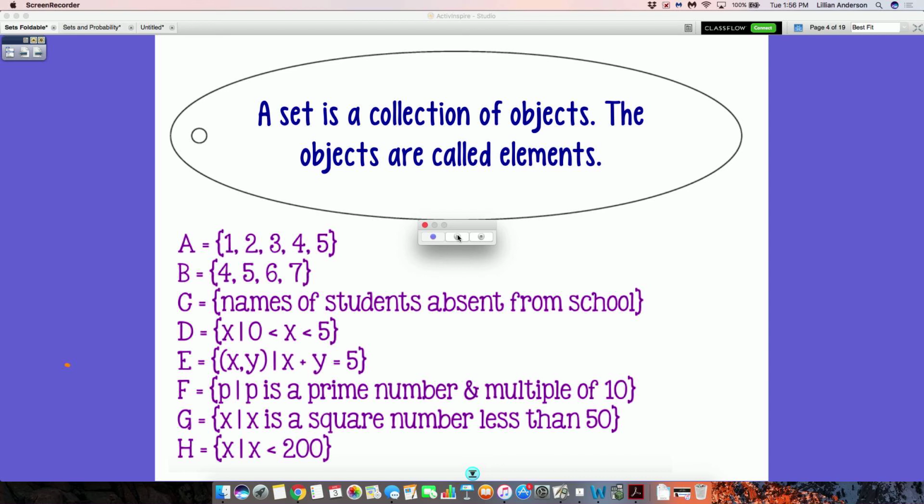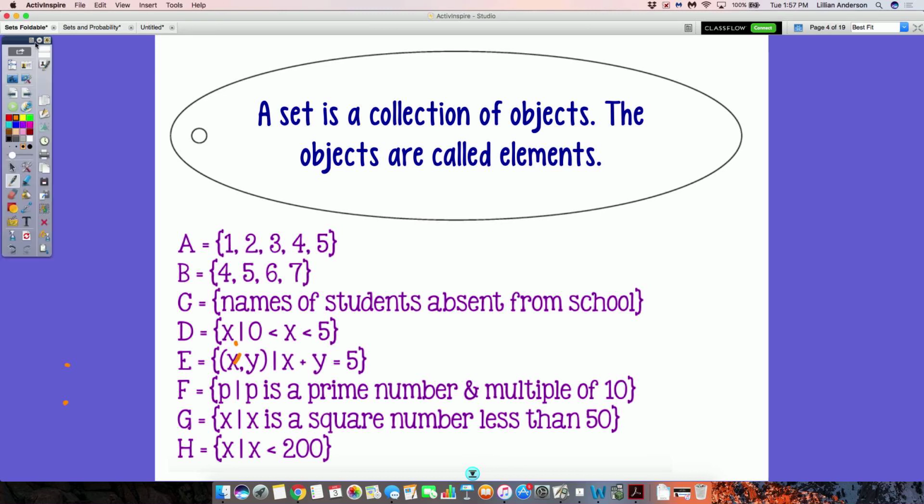Is D a finite set? If you say yes or no, I need you to tell me why. Justify your answer. We're talking about D, right? 0 and 5. I heard someone say no though.